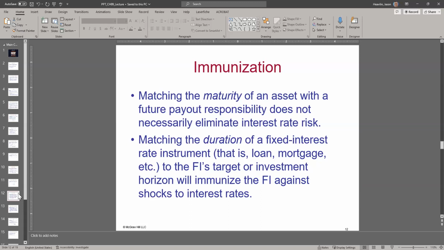However, while it does lower some risk, matching duration will lower more risk because it's less about the maturity, it's about the price sensitivity of that specific asset, because that's really what's going to change the value on your balance sheet. The price changes, not necessarily how the price changes as time goes by, but as interest rates change over time, which also includes a time element in the calculation.